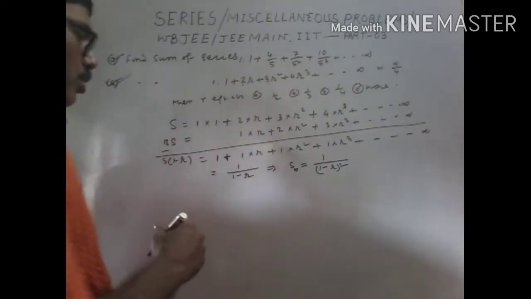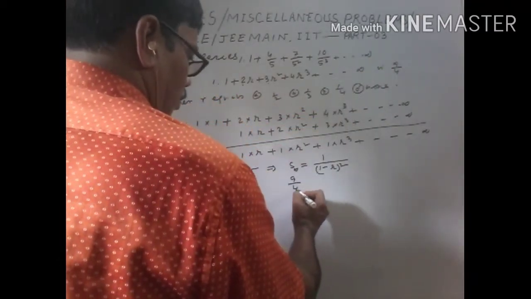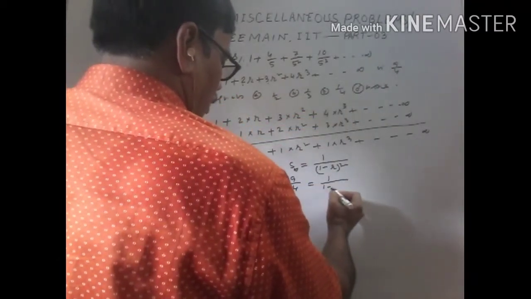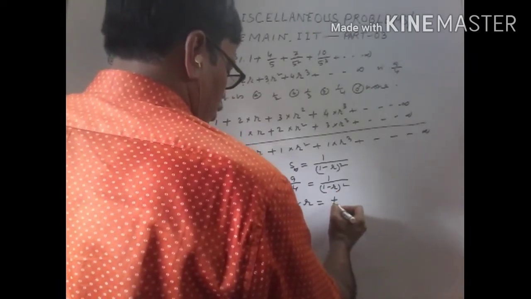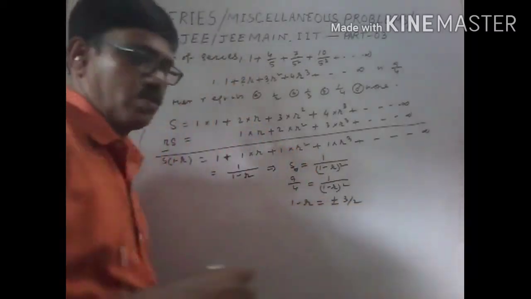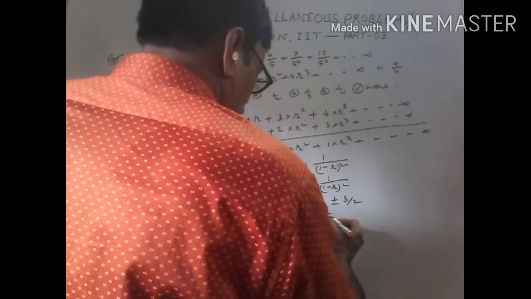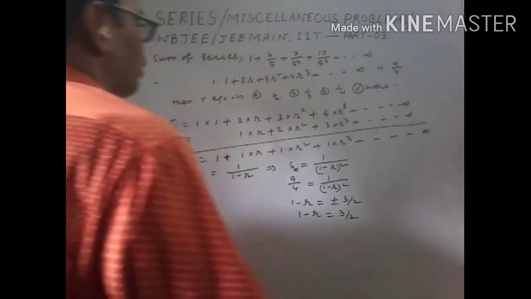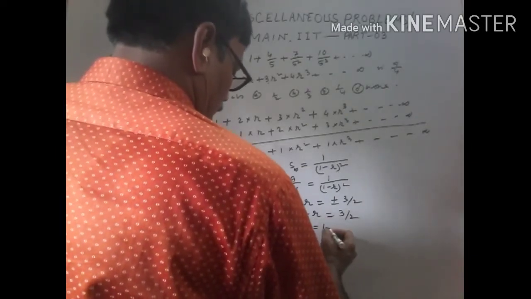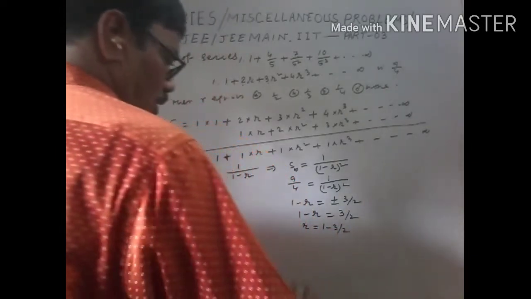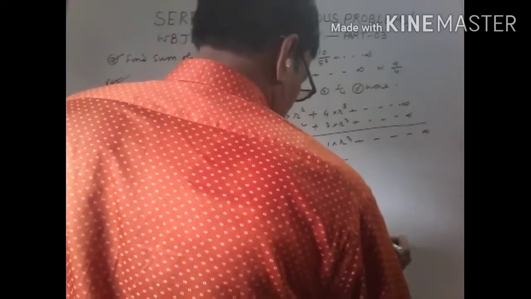So S infinity is 9 by 4. 9 by 4 equals 1 by 1 minus r whole square. So 1 minus r equals plus or minus 3 by 2. If we take the positive one, 1 minus r equals 3 by 2, so r equals 1 minus 3 by 2, this is minus r.